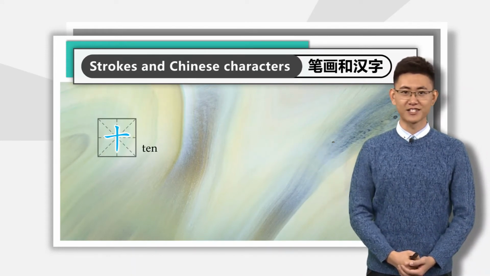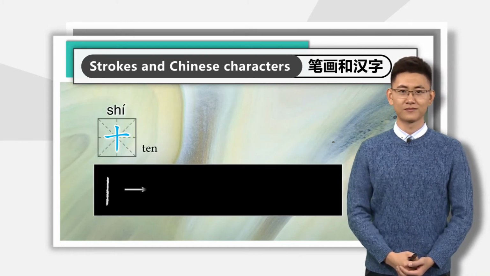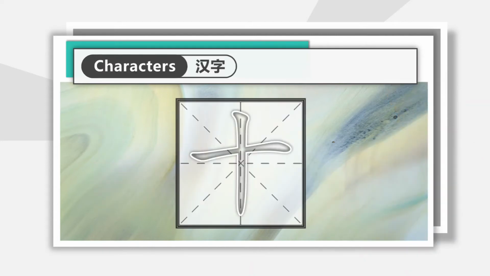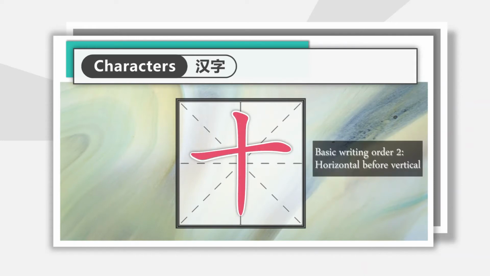The pronunciation is 十. 跟我读 十. Please write it with me. The writing order is: first, we write the horizontal, and then the vertical.